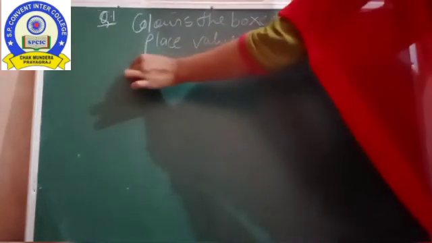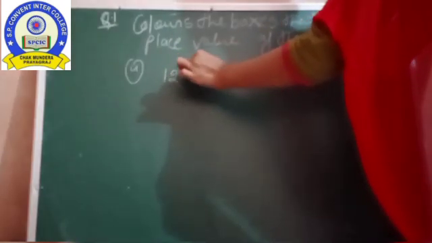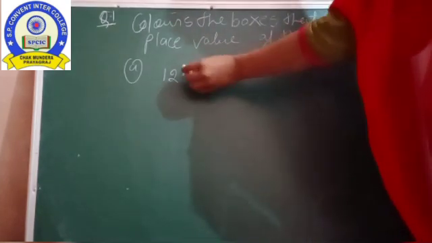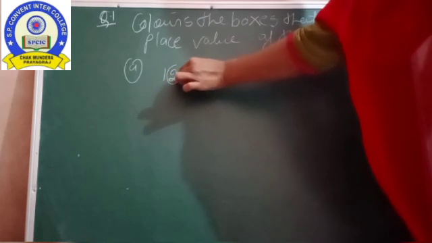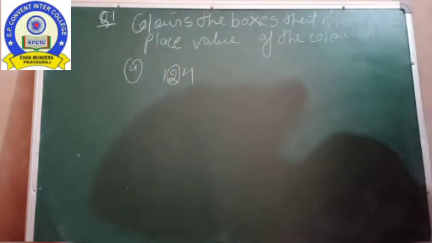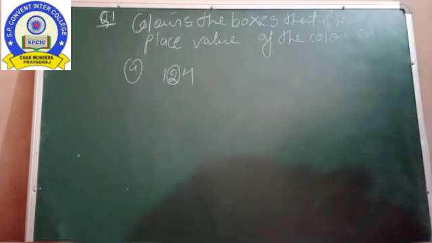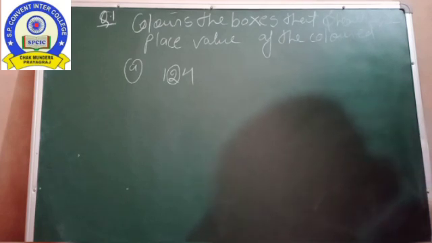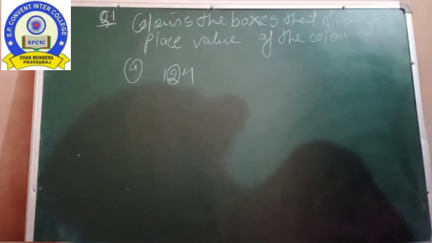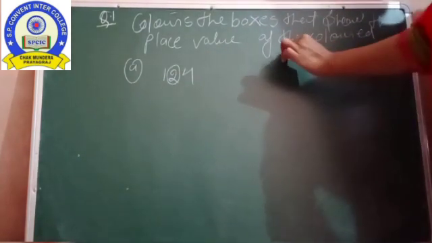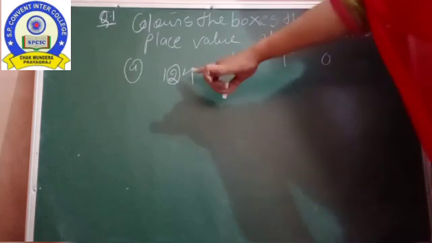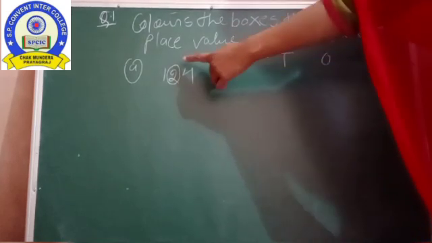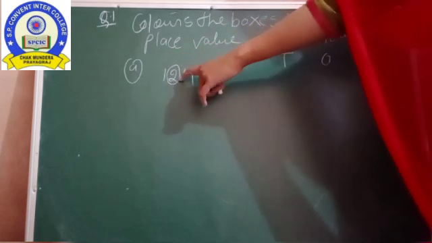First question, 1, 2, 4. Colored number is 2. What is the place value of the colored number? And here ones, tens, hundreds are also given. So here look, 2, is this ones place, tens place, hundreds place? 2 is where?